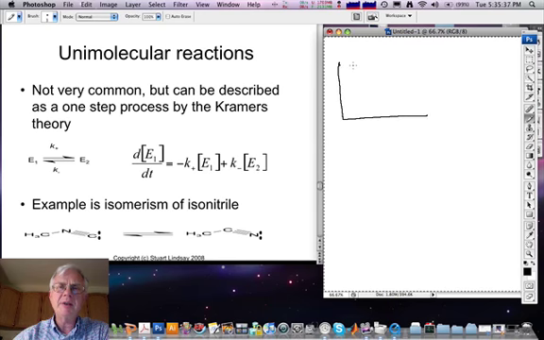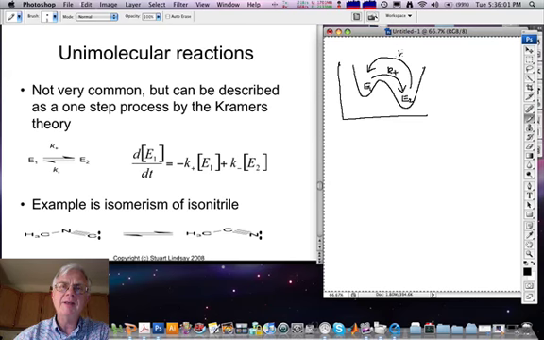quite well to this energy diagram in the Kramers model, where we have the isonitrile in the state E1 being converted to the state E2, and doing that at some rate K plus. E2 is converting back again to E1 at some rate K minus.